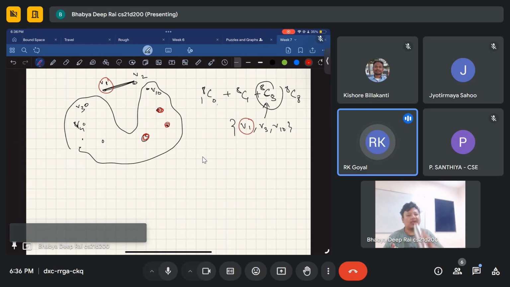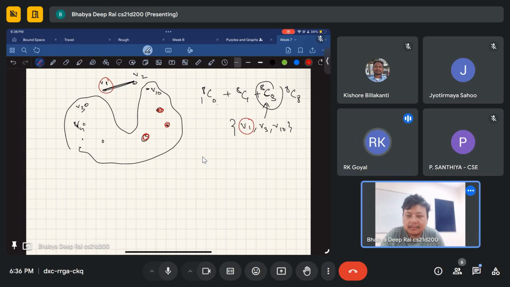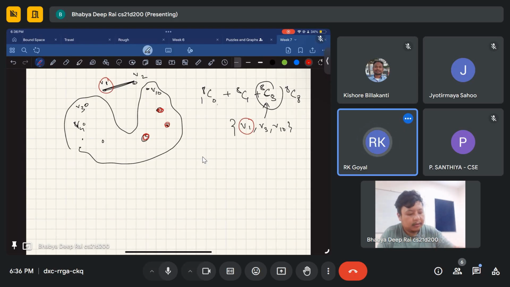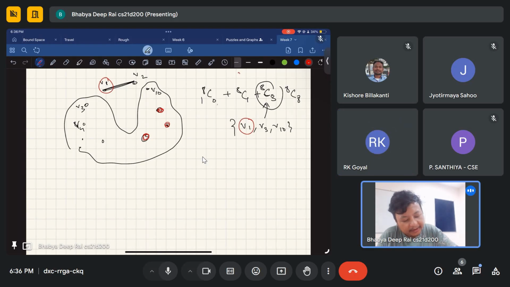But still the answer is correct, because it is the same as if I fix the edge between V1 and V2, since we are not considering the 8C2 factor there, because it is given in the question that there is an edge between any two. Yeah. So did you count 8C2 also?